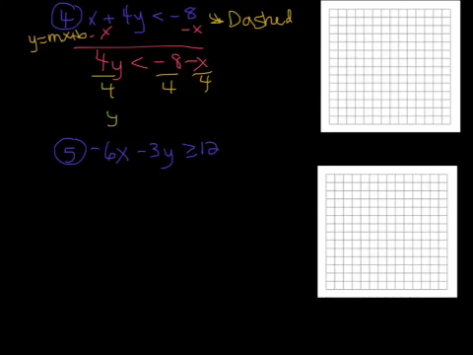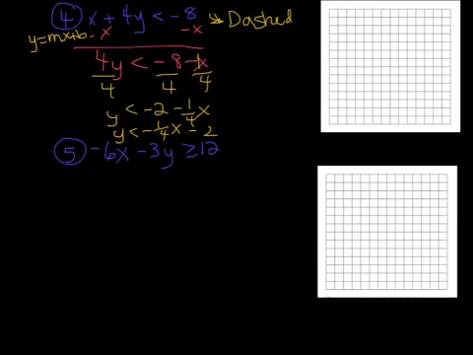That gives me y is less than negative 2, and I end up getting minus x over 4, but if you want, you can think of this as minus 1x, so it's going to be minus 1 over 4 times x. If it makes you feel more comfortable, you can rewrite it so that you have your x value first, which is the negative 1/4. Feel free to do that if you want to.